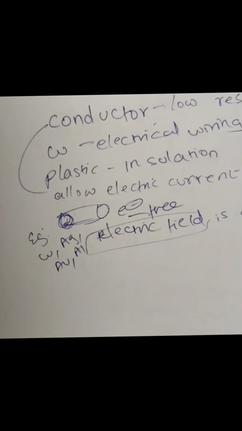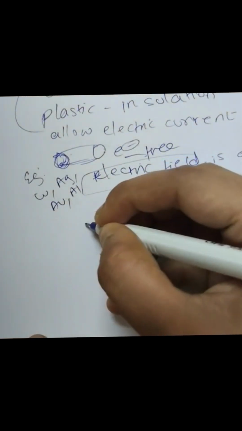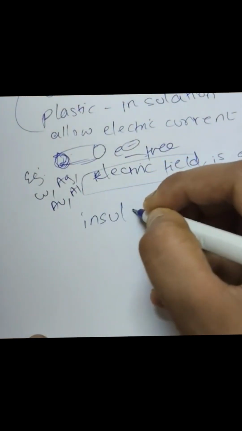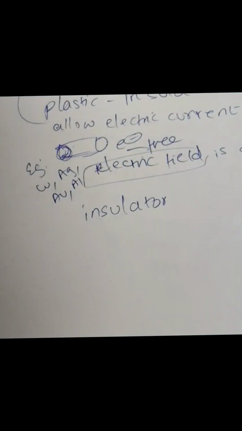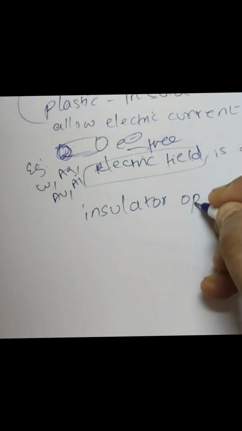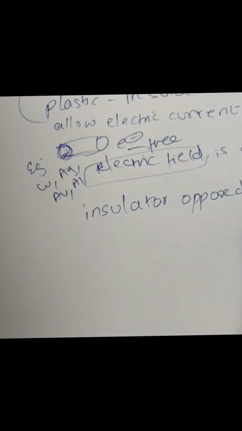Next, insulator. It is a material that strongly opposes the flow of electric current.